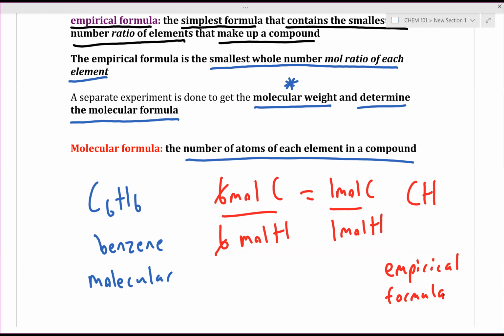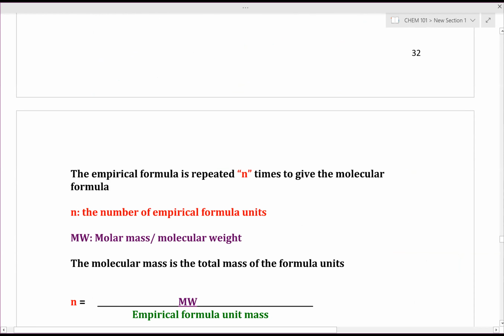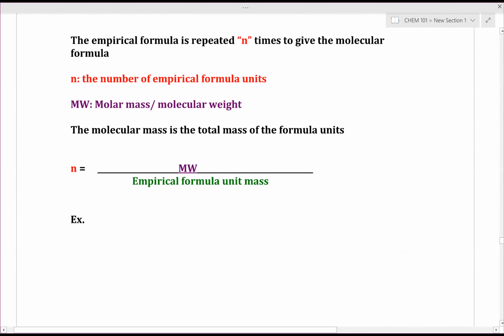Now, let's talk a little bit on the nitty-gritty of how the molecular formula is calculated. The way that we convert between the empirical and molecular formula involves calculating N. So the empirical formula is repeated N times, where N is the number of empirical formula units. This is not to be confused with ionic formula units.